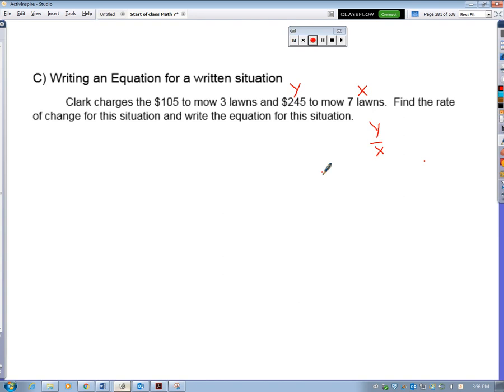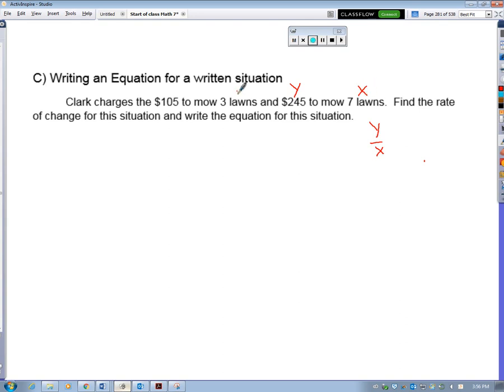For example, I may find someone that could mow it for $15, or I may find someone that could mow it for $30. Okay, so the price to mow my lawn can change, so that's why it's the y. However, my lawn is always going to just be one lawn. It's going to be about the same size, so it is the x.